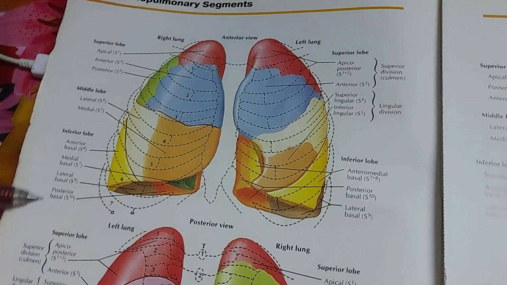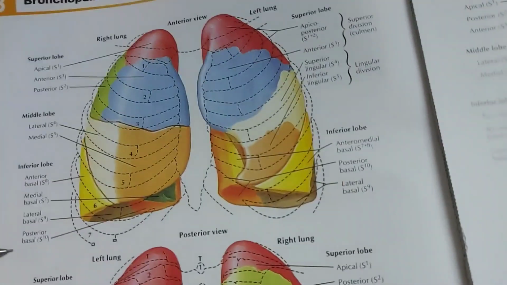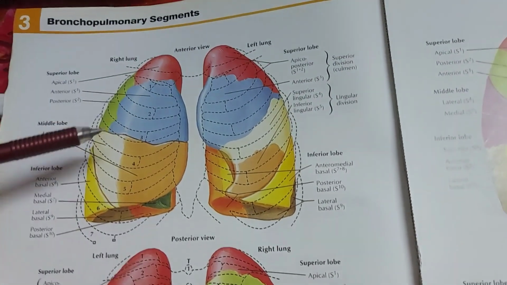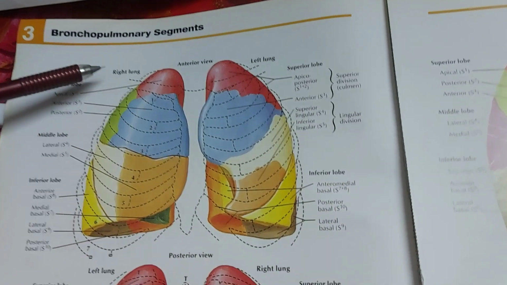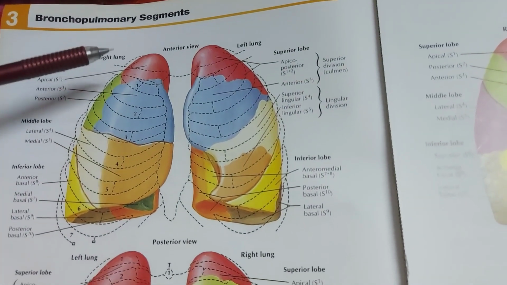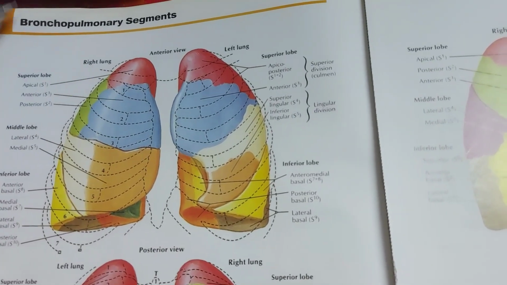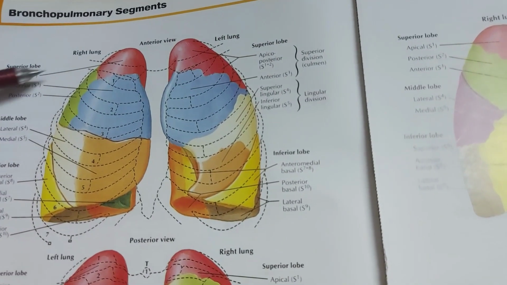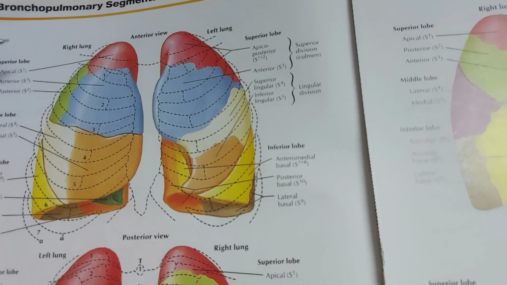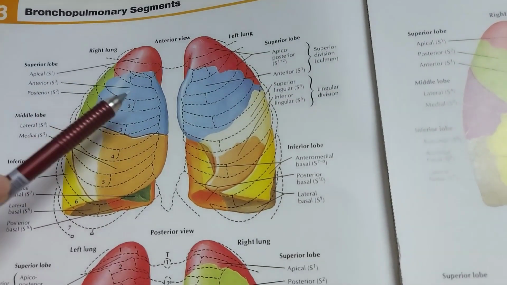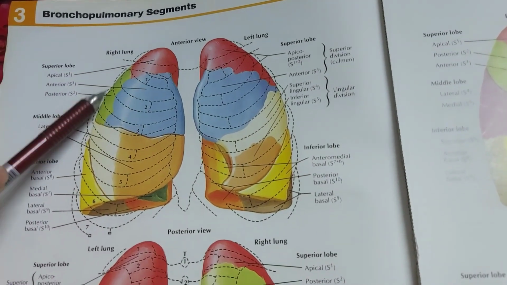So this bronchopulmonary segment is the area that is supplied by a single segmental bronchiole.